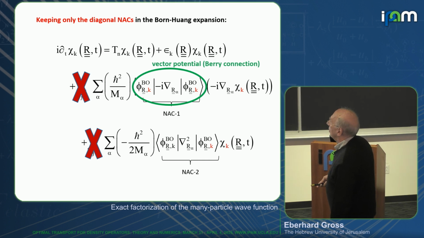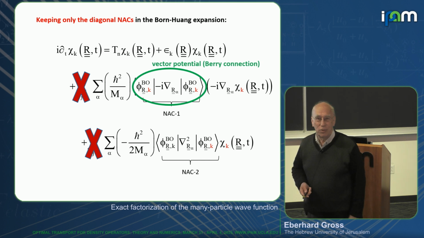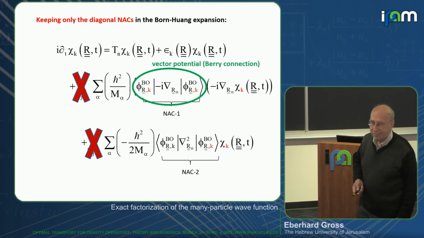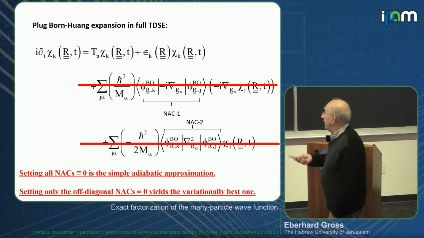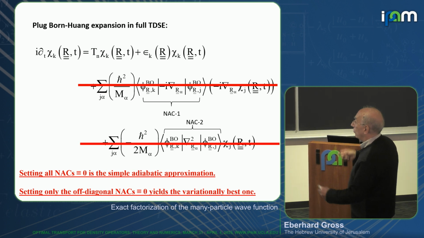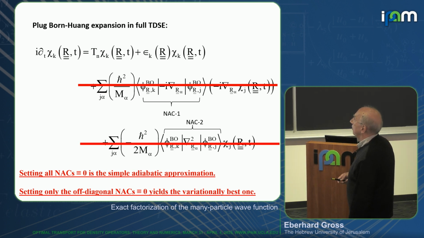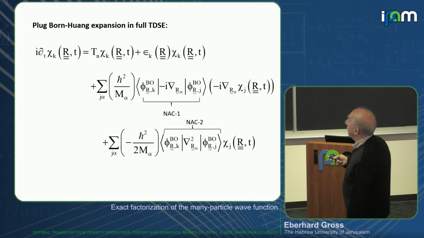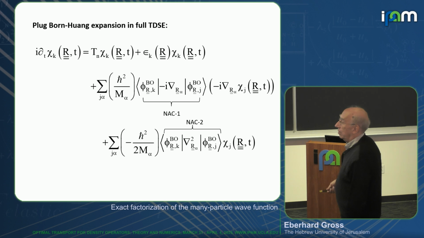Okay. So it looks like a terrible approximation, because you neglect almost all terms, infinitely many terms of the Born-Huang expansion. However, if you look at these matrix elements, as I said, you integrate out the electronic degrees of freedom, so those are functions of the nuclear coordinates.